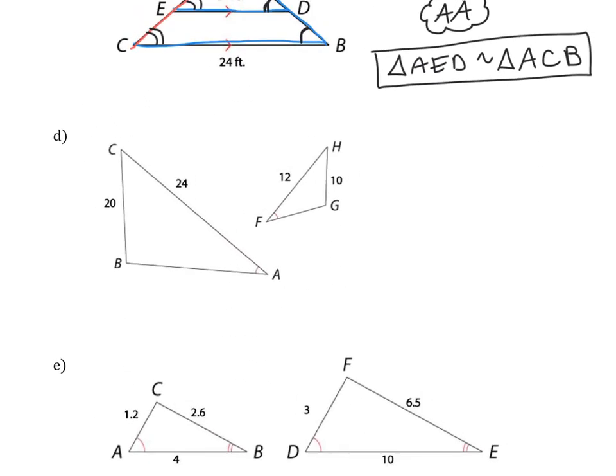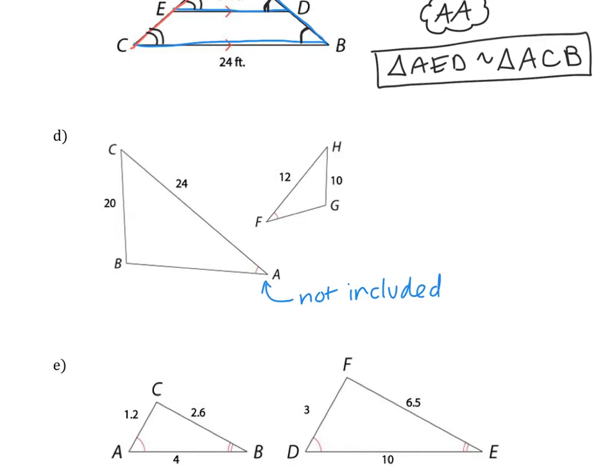Okay, let's look at example D. So here we are given information about two of the side lengths, but this pair of angles that we know is congruent is not included.